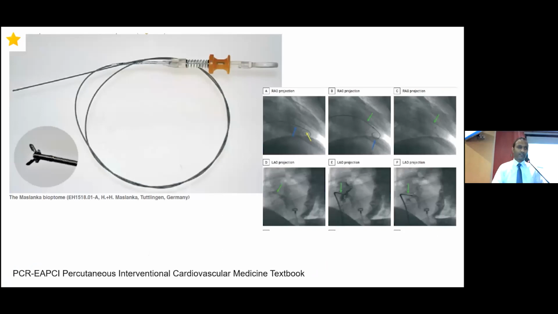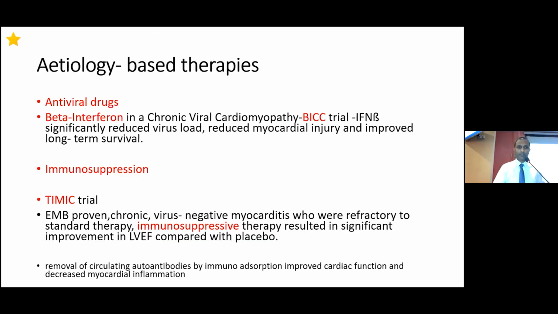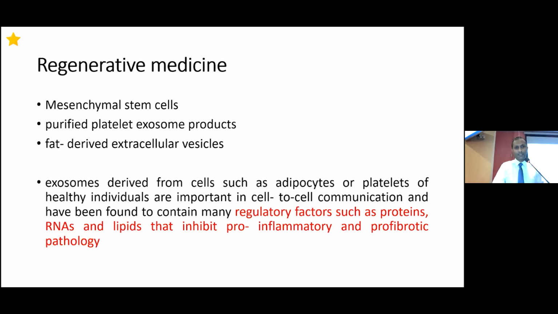We can do endomyocardial biopsy by the subclavian or femoral venous approach. We do have facilities for endomyocardial biopsy as well. And there are etiology-based treatments like antivirals and immunosuppression, which have been proven in various trials, and there is regenerative medicine with stem cell transplantation as well.